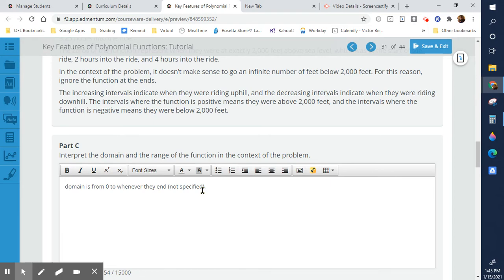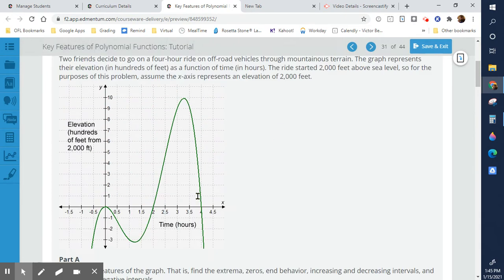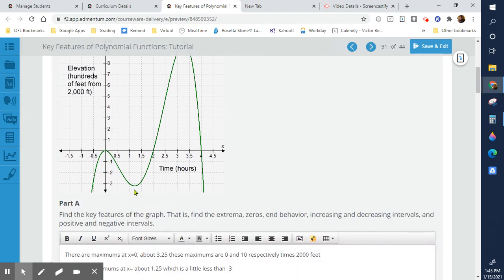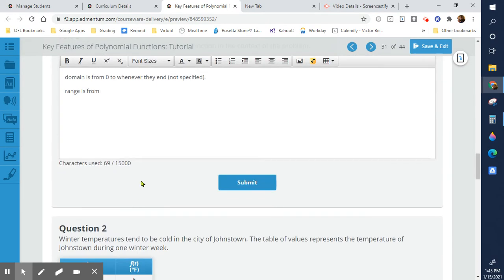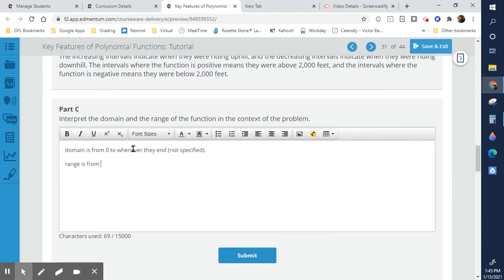As far as the range goes, the lowest point is about negative 6,000, from negative 3 times 2,000, so 6,000 feet below sea level, to the biggest hill we said was 20,000 feet above sea level.